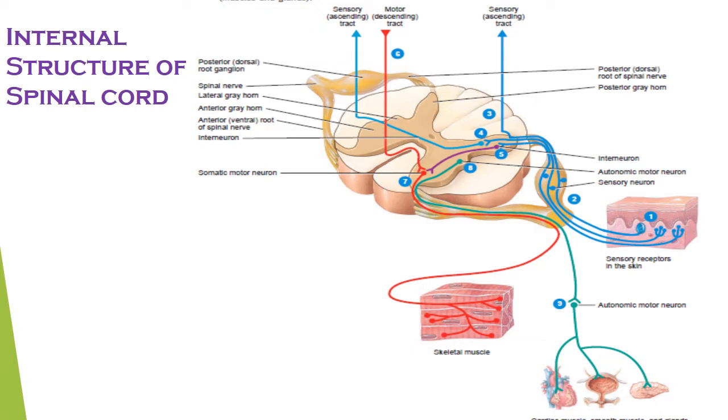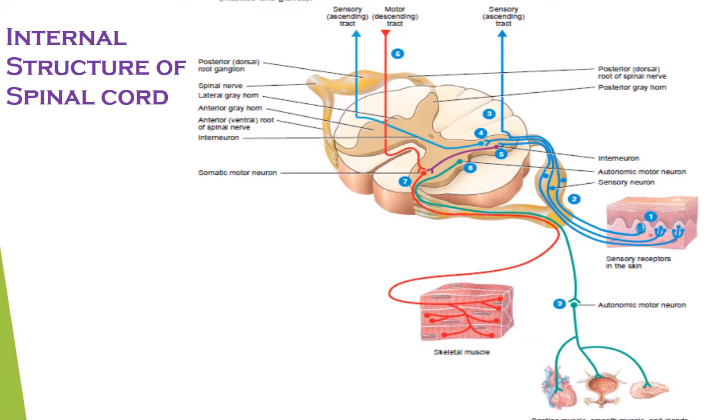Now first it will enter into the white matter because white matter is present outside. Then it enters into the gray matter. Even in the diagram on your screen you can see white matter and gray matter are different. In the gray matter this impulse is analyzed further, the response is generated, and the association neuron will transfer this message to the motor neuron.